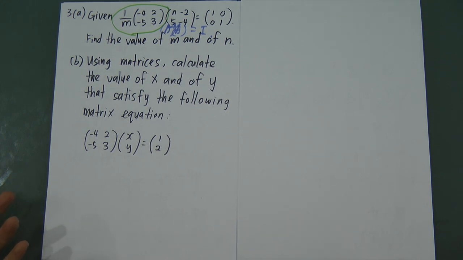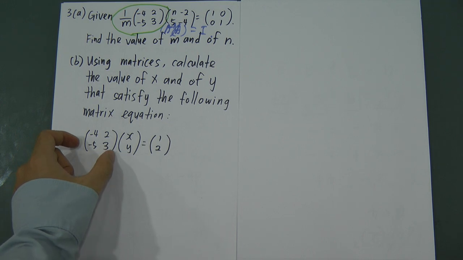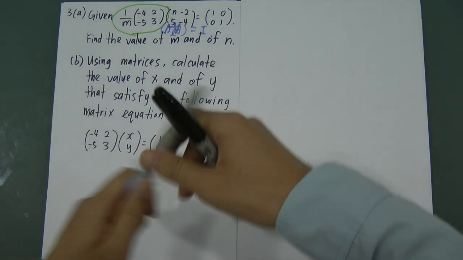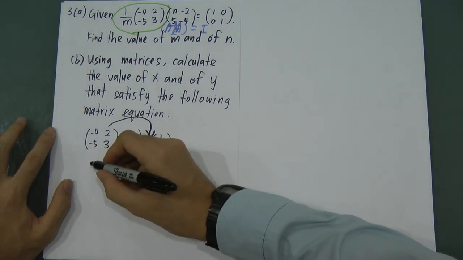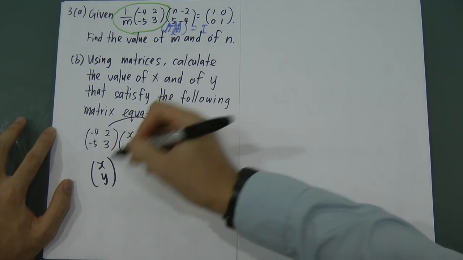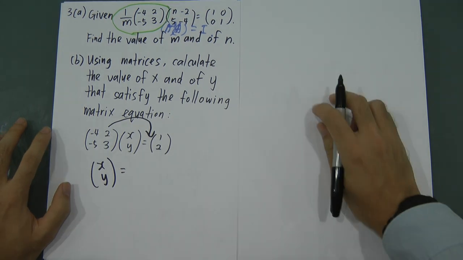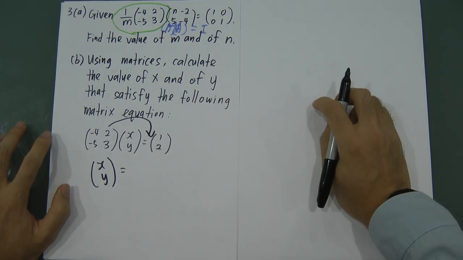So what you need to do is you have to know that when you move this matrix, you have to move it in front of this matrix. So I'm going to write x, y, and then you will see. Maybe I'll do it one more time.